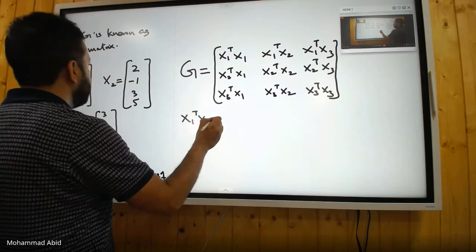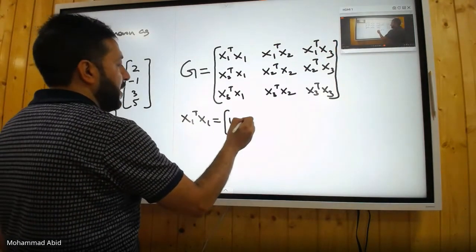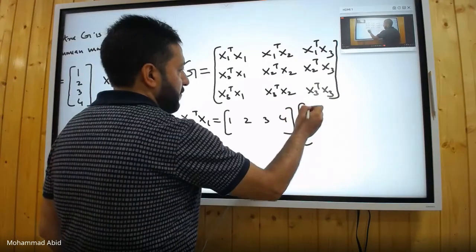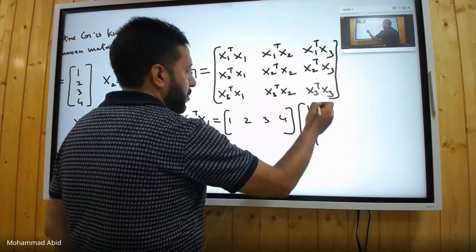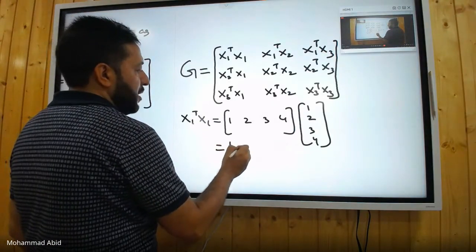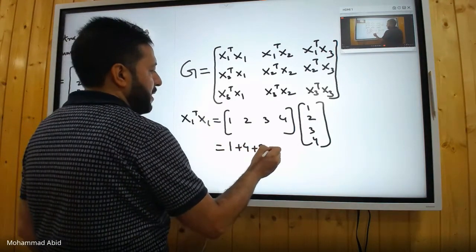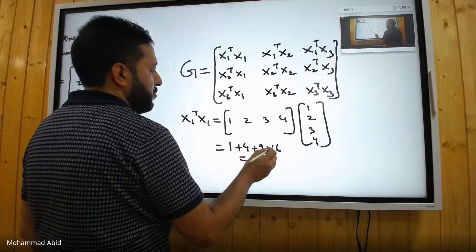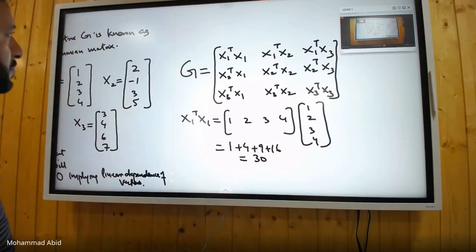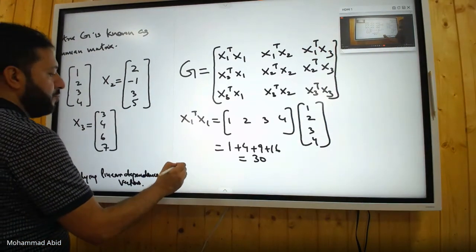x1 transpose x1. So that's like this: 1, 2, 3 and 4, then 1, 2, 3 and 4. How much is this? This is 1 plus 4 plus 9 plus 16. That's 25 and 4, 29, that's 30. Then x1 transpose x2.